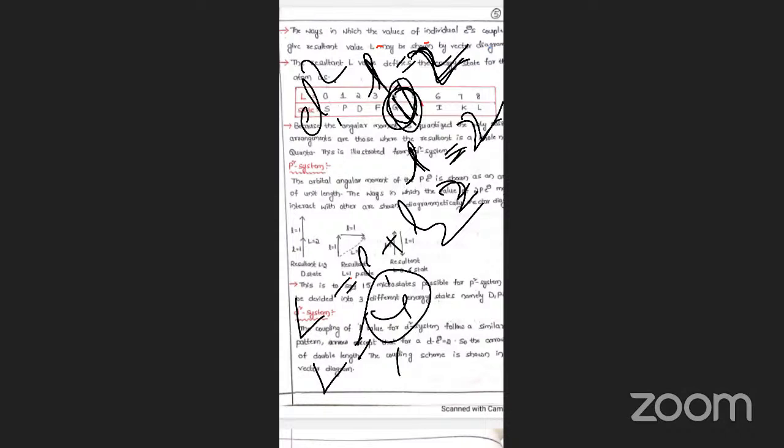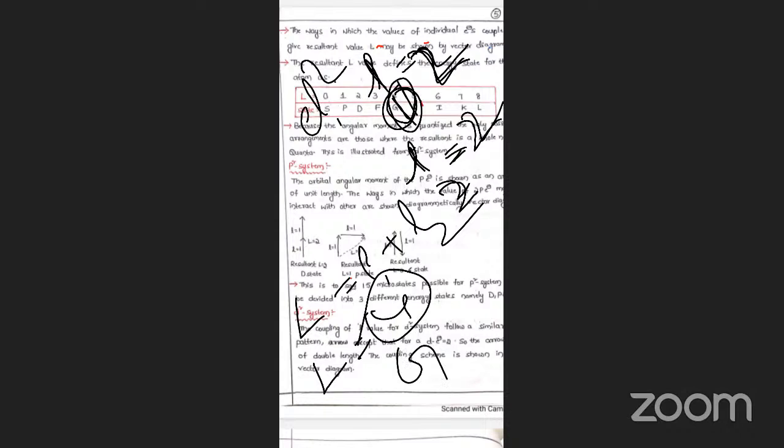Capital L is equal to L1 plus L2. We can write the equation. The first electron is present in D orbital, L1, and the second electron is also present in D orbital.